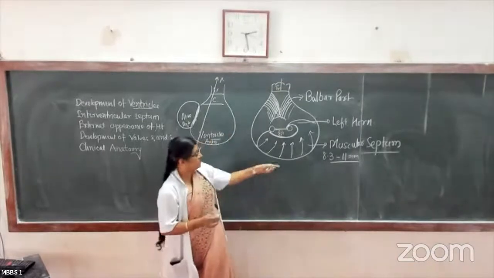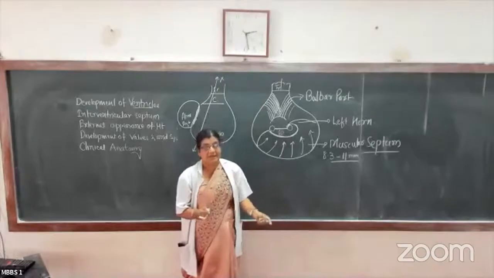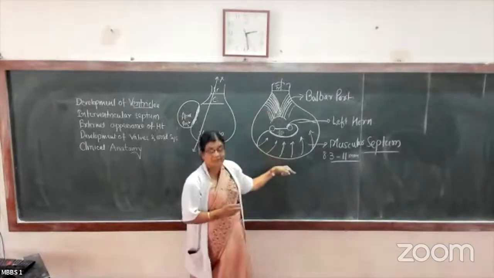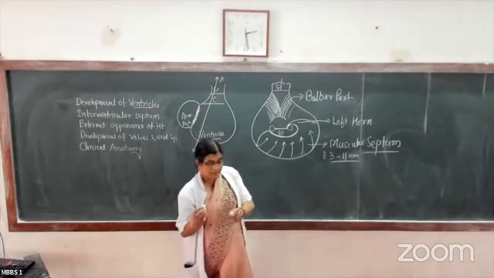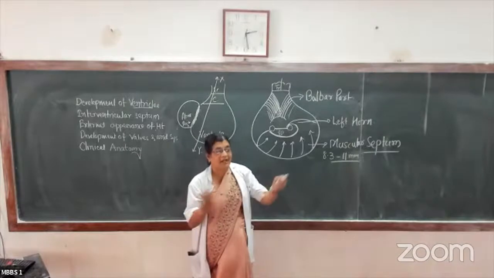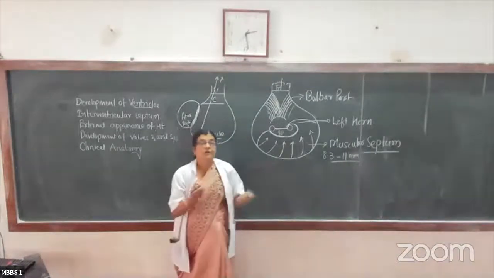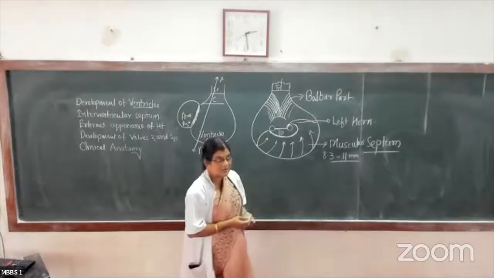This septum has to separate the right and left ventricles, but if it fails to form a continuous sheet, there will be an opening, and deoxygenated blood will mix with oxygenated blood, which will lead to cyanosis.